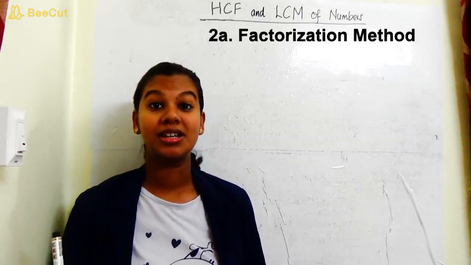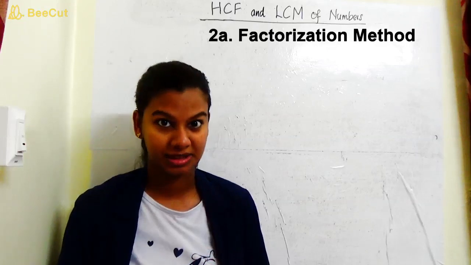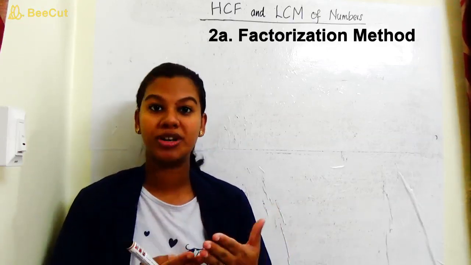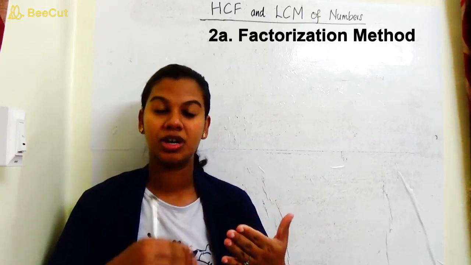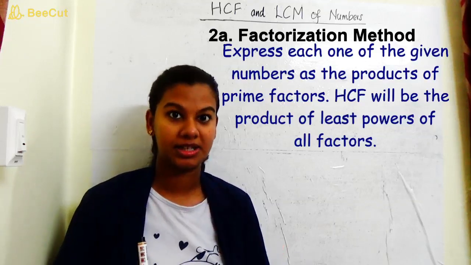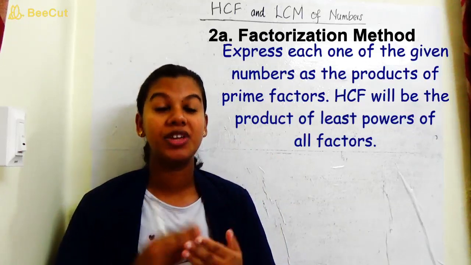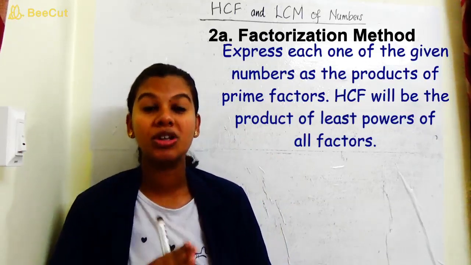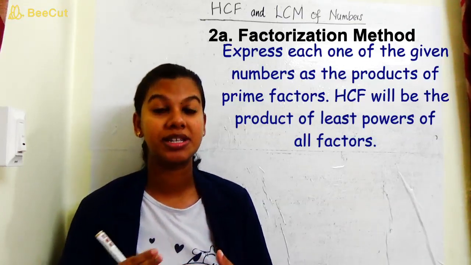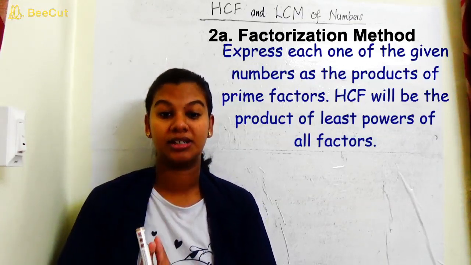The first one is the factorization method. In HCF, we have to consider two or more numbers and find the HCF of those numbers. In the factorization method, we have to express each of those numbers as a product of prime factors.